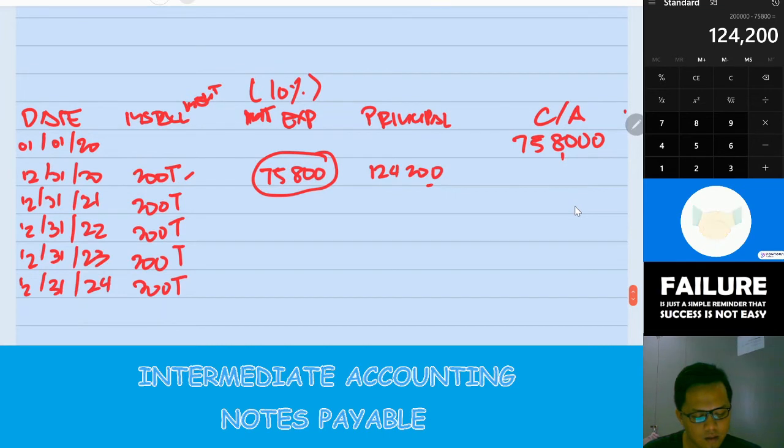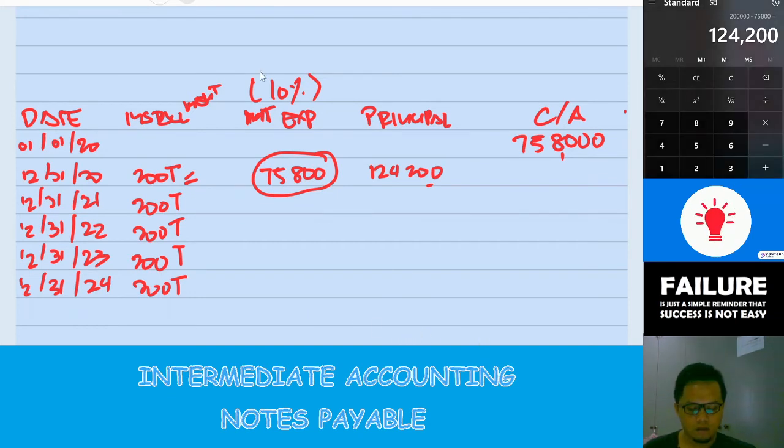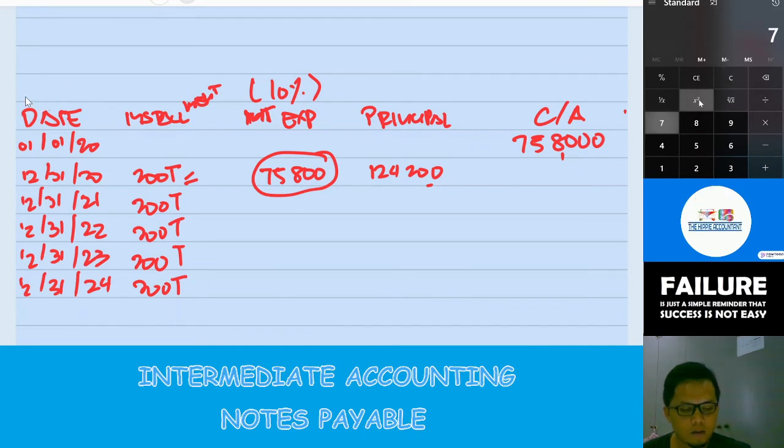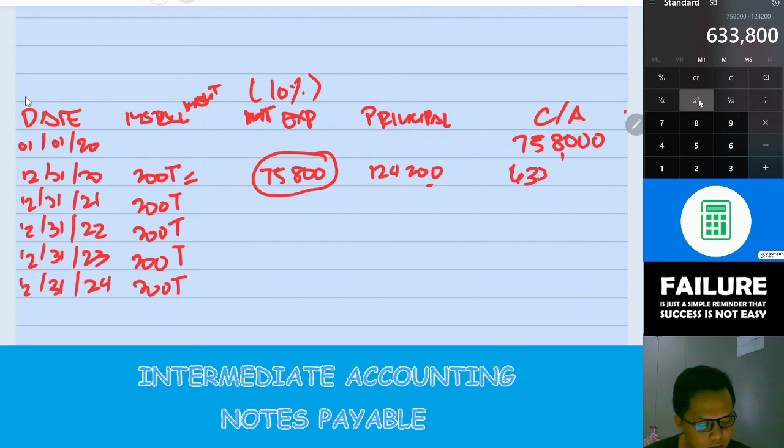Because it's payment na, the carrying amount as of December 31, 2020, that is computed as 758,000 less the applicable installment for the principal na 124,200. So the balance is 633,800. Okay?